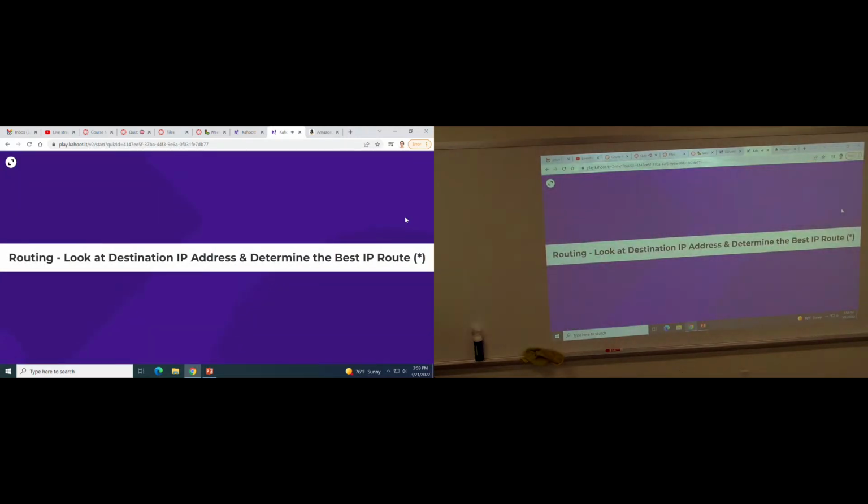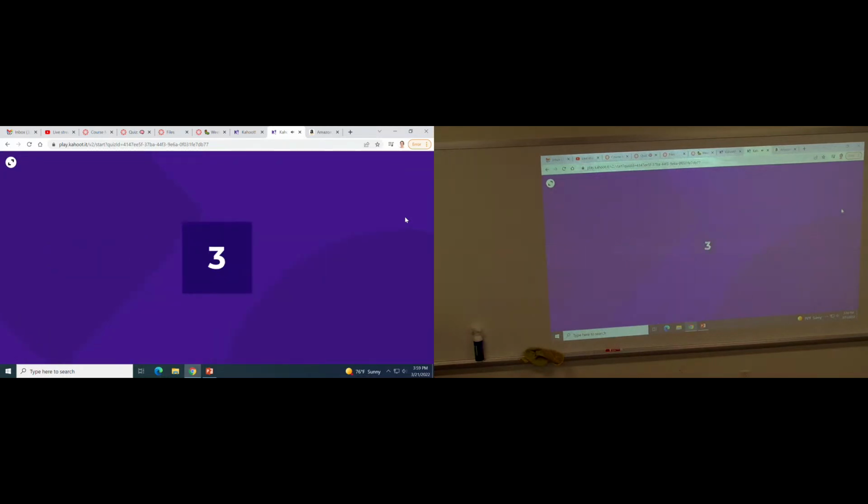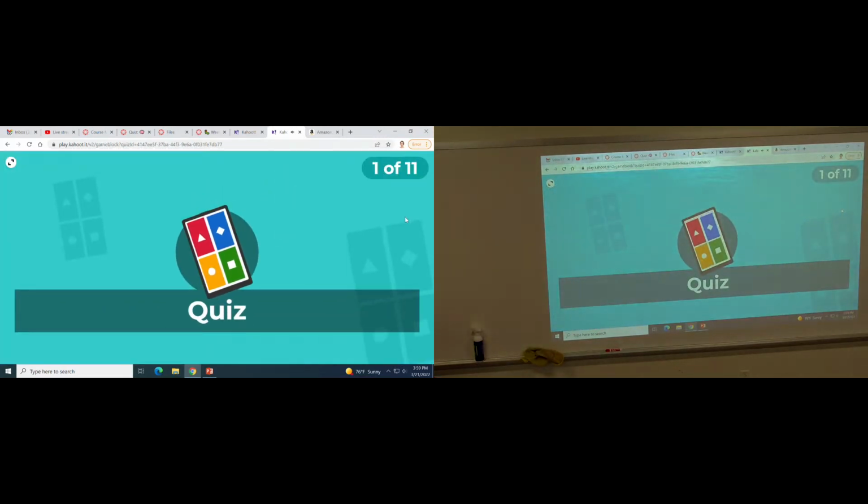Let's see. So look at the destination IP address and determine the best IP route. So same thing that we just kind of did.